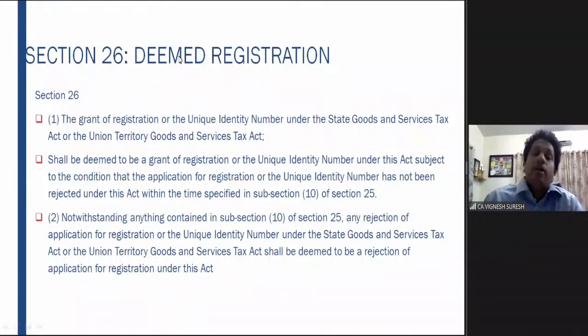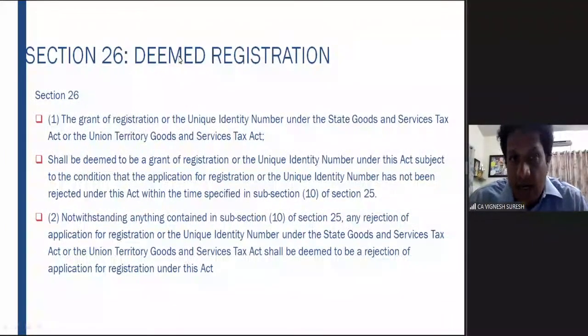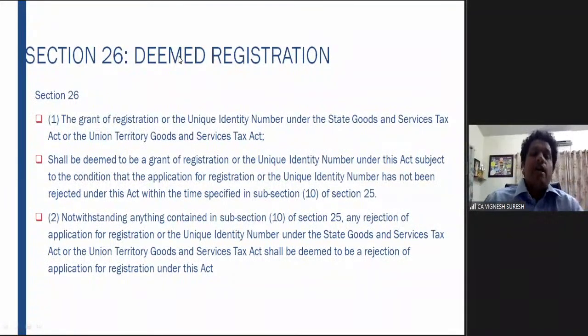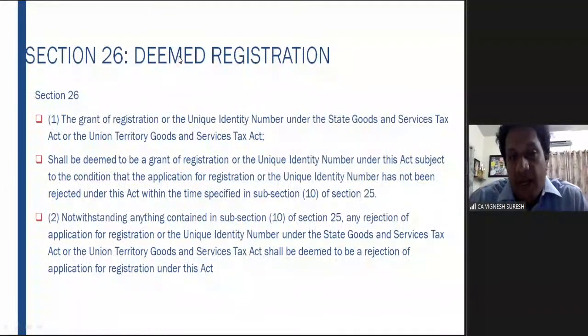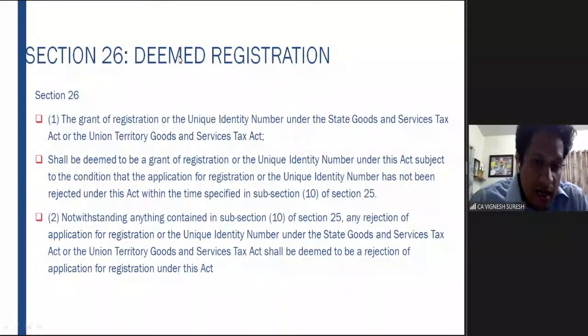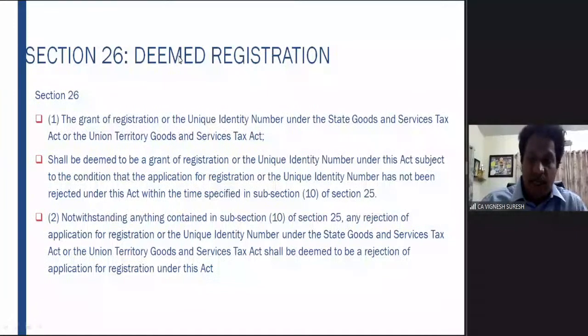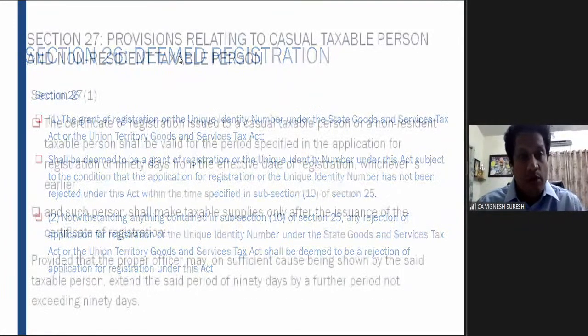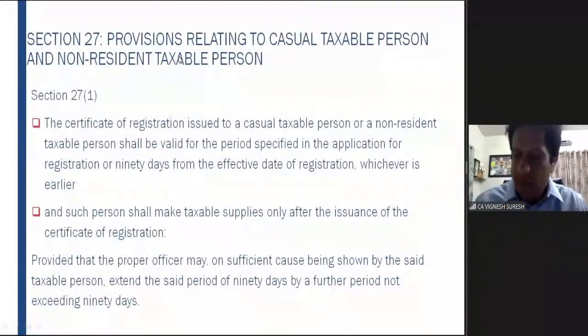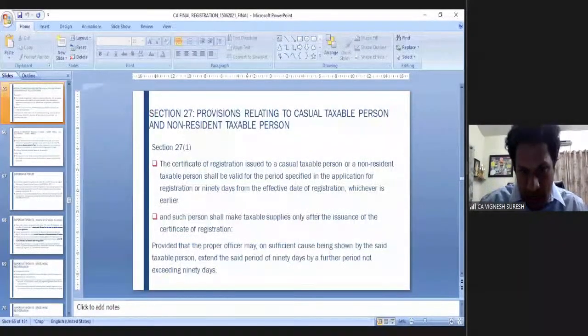So if a registration is granted under the State Act, it is as if it is given under the Central Act. Similarly, if the application for registration is rejected under the state GST, it will be deemed to be a rejection of the application under this Act. That is the concept of deemed registration given in section 26. I hope this point is clear. Before we move on, let me see if there are any queries. Then accordingly, we'll take it forward.